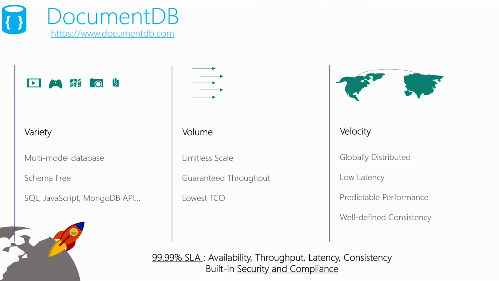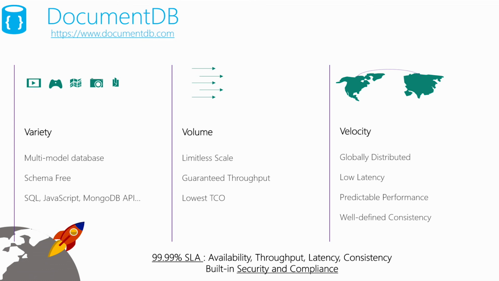With a multi-model capability built into the database, a schema-free NoSQL database, support for SQL, JavaScript, and the MongoDB API, limitless scale of both storage and throughput, and the best-in-class, lowest TCO of any distributed database out there, with durability guarantees, a predictable performance model, and global distribution, DocumentDB enables every application to achieve the fast performance as well as the distributed capabilities it requires and beat the speed of light between networks.